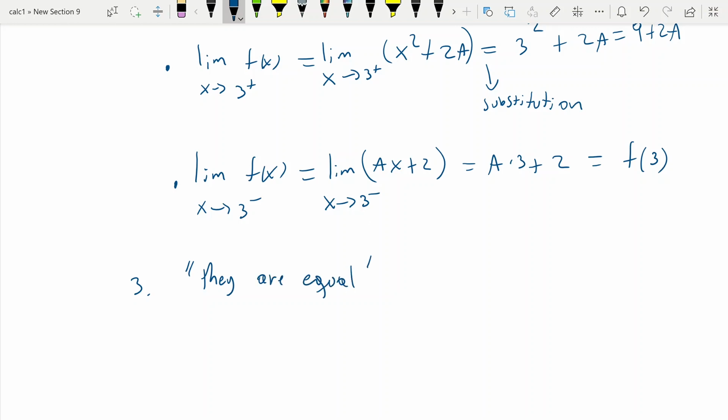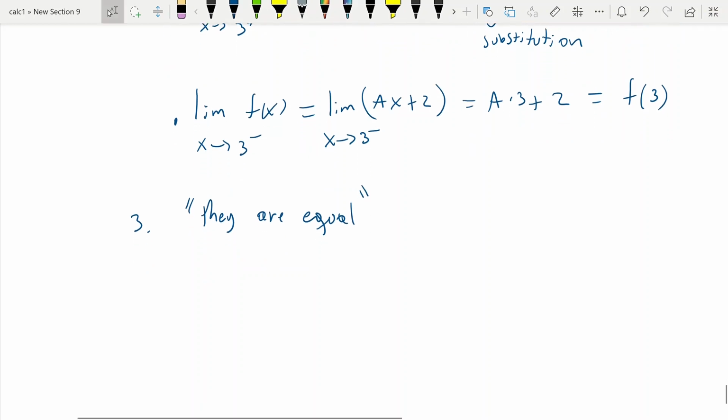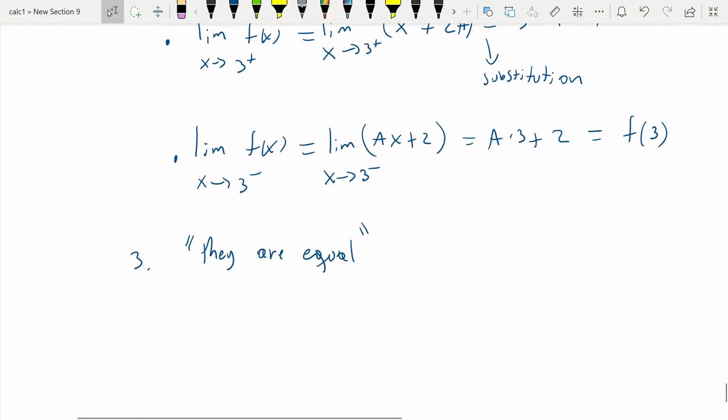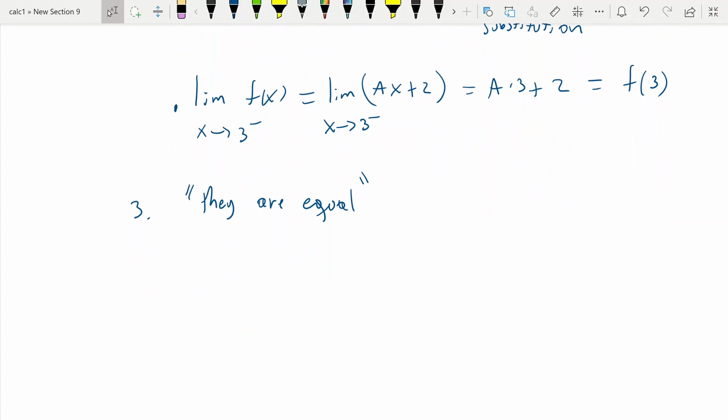Remember that one of the one-sided limits already agrees with the value of the function, so we just need to make sure that the limit exists, meaning that the one-sided limits are equal to each other. So we need the left-hand limit to be equal to the right-hand limit.